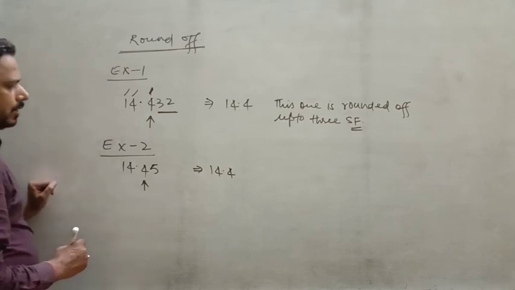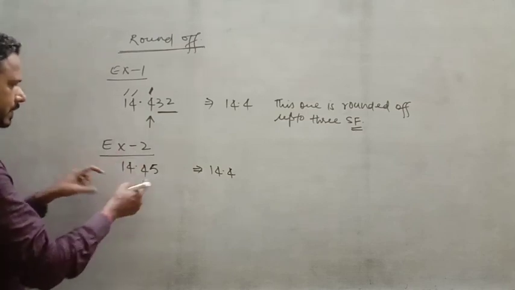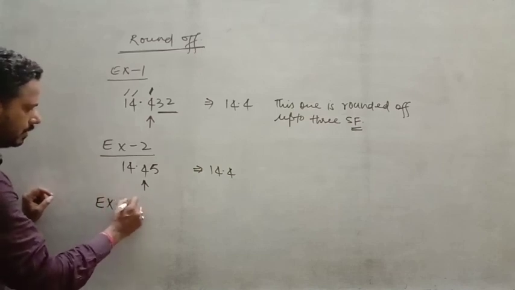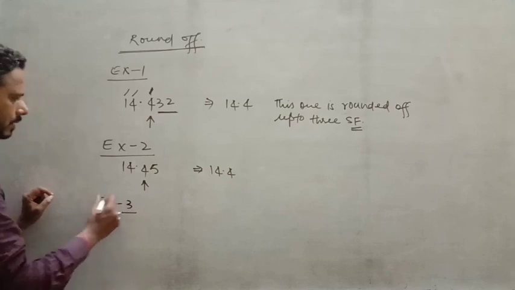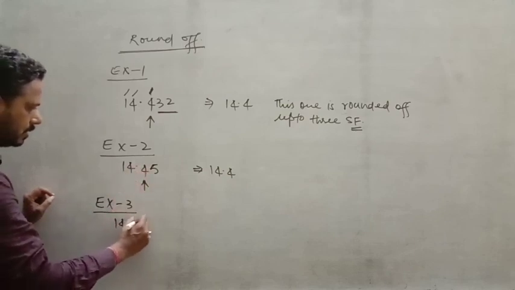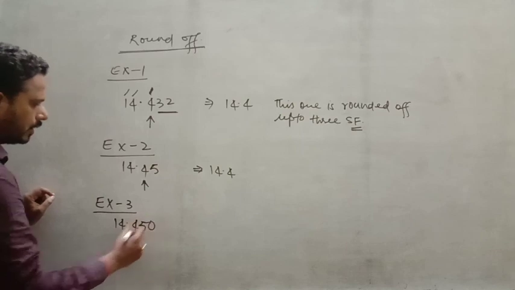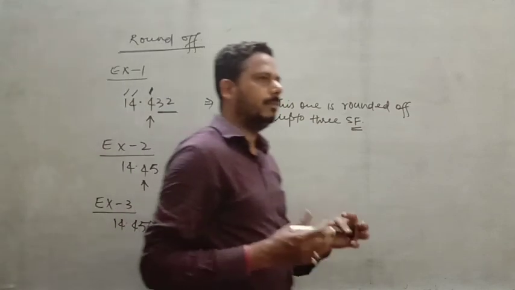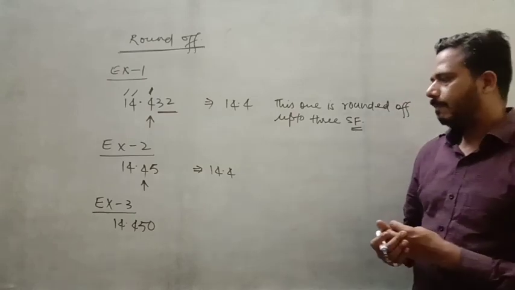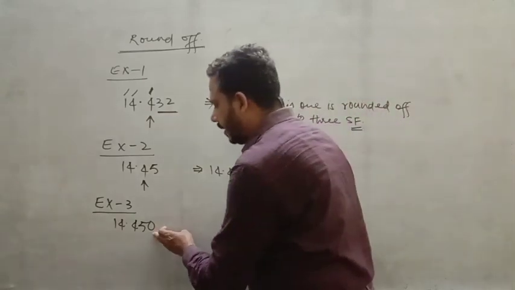Now for this one, I'm going to take another example. Next example is 14.450. So what you're seeing, after 5 a number is there and that number is 0. But 0 is nothing like 1, 2, 3, 4.